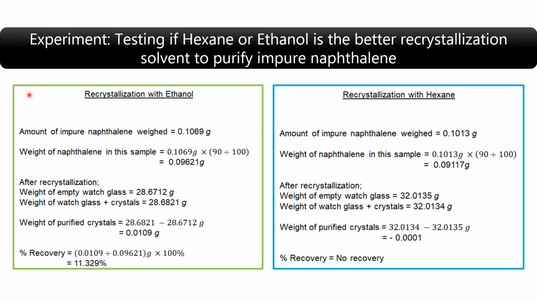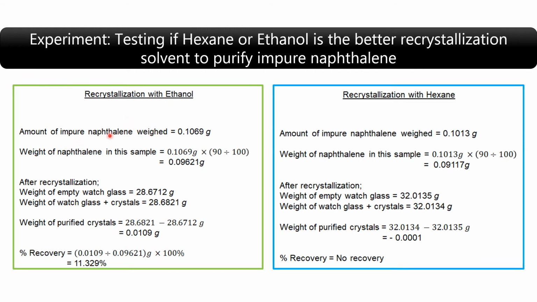Now on this slide, I have the data that was recorded from the experimental video. So for the recrystallization with ethanol, 0.1069 grams of impure naphthalene was weighed.